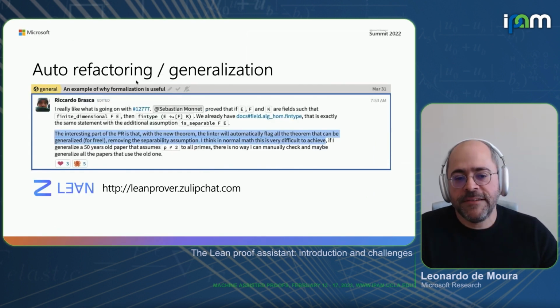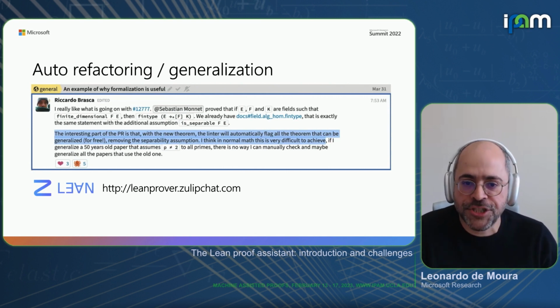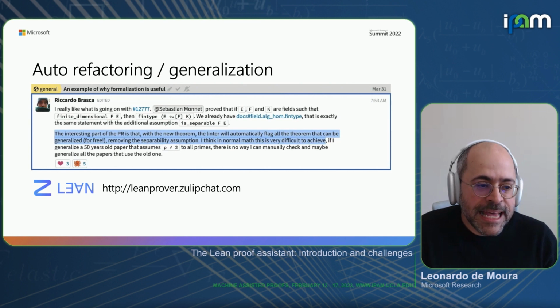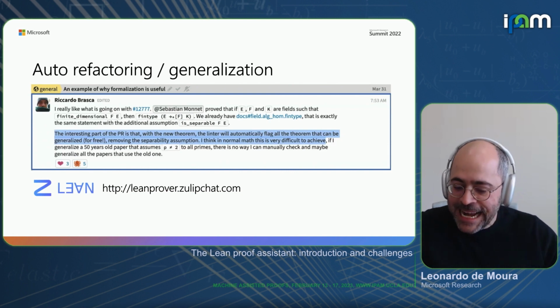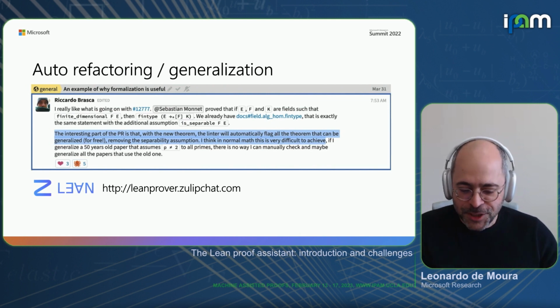Another cool idea we have seen on Zulip is this idea of auto-refactoring and generalization. Ricardo Brasca, I saw this message from him. He was saying, Mathlib has many classes like fields, rings, they're all represented as classes in Lean. And sometimes you state a theorem and you state that you use a field, but you could have used a ring.